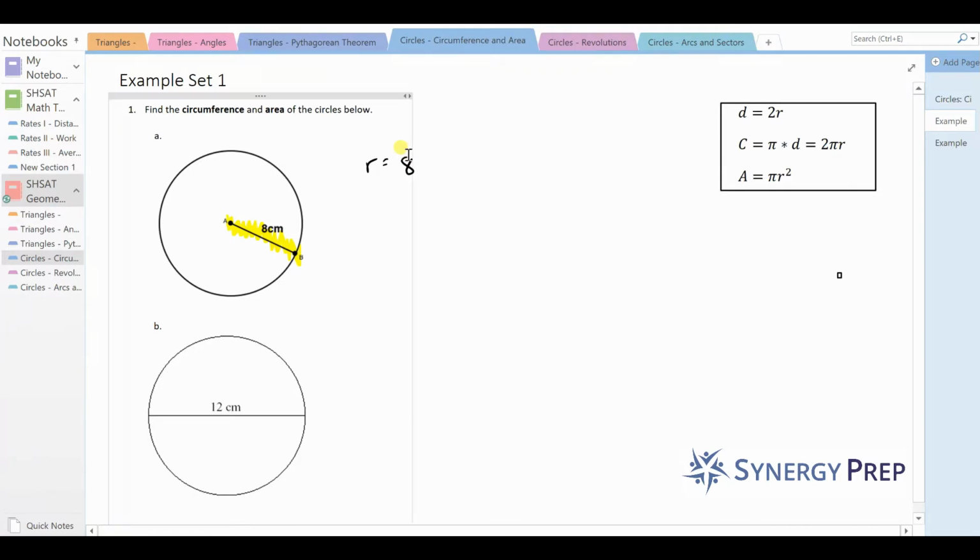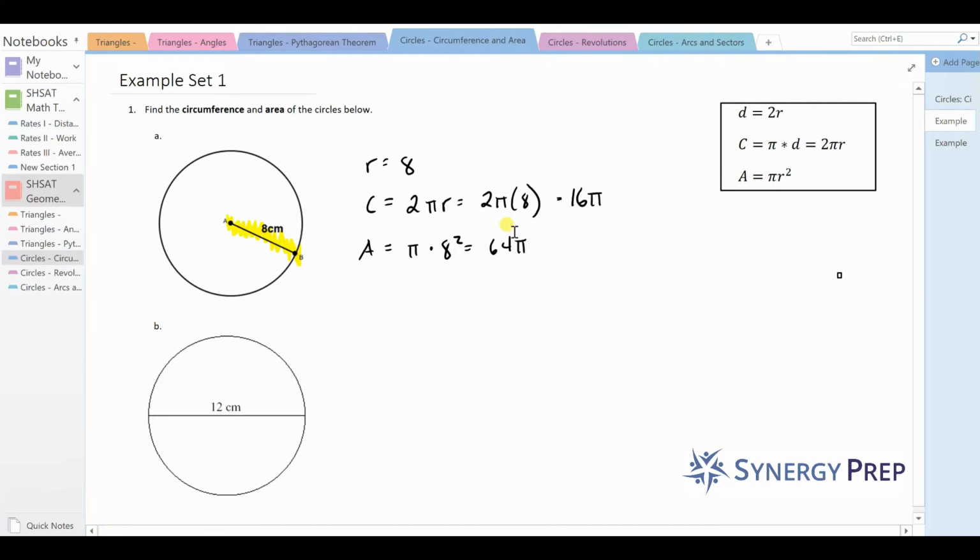So to find the circumference, you plug in the equation, which you should have memorized, 2 pi r, or 2 pi times 8, or 16 pi. And that's it. To find the area, it's pi times 8 squared, or 64 pi.